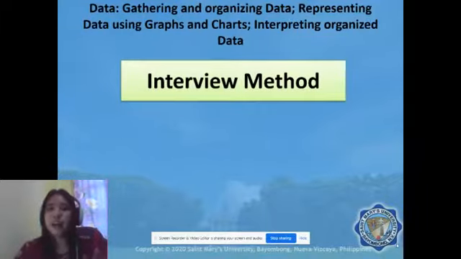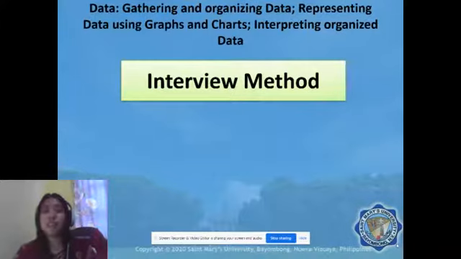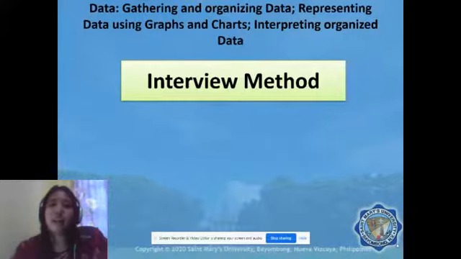So we have the interview method. Of course you might be familiar with this because maybe this is not your first time to encounter this method, because you also have your statistics and research subject in your grade 11 and grade 12 or in your senior high school. So in the interview method, you have to conduct the interview.